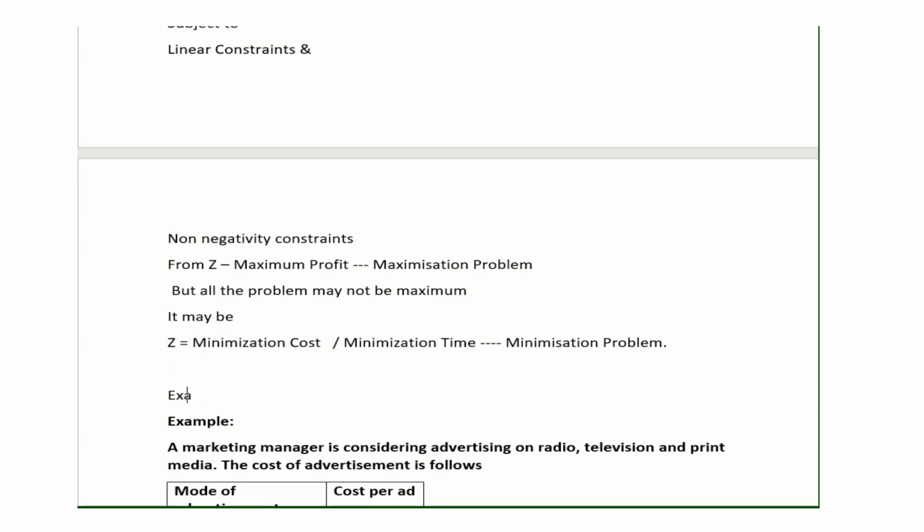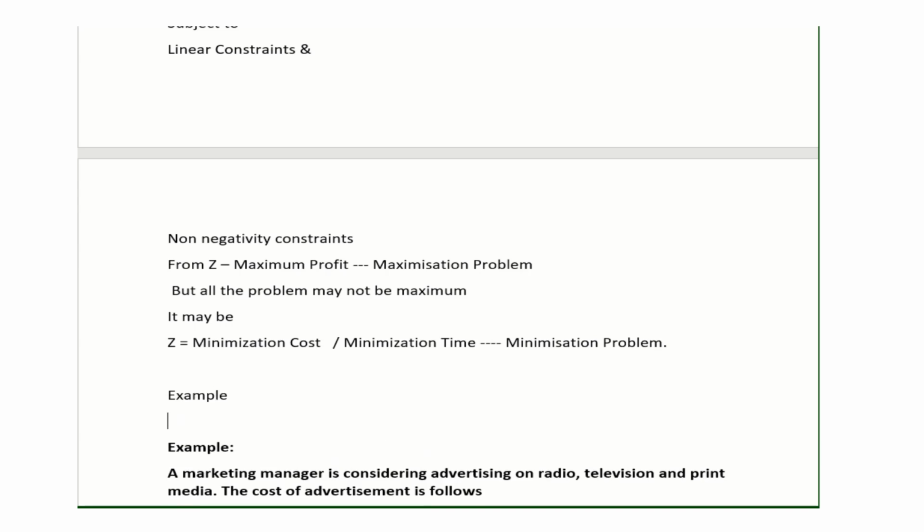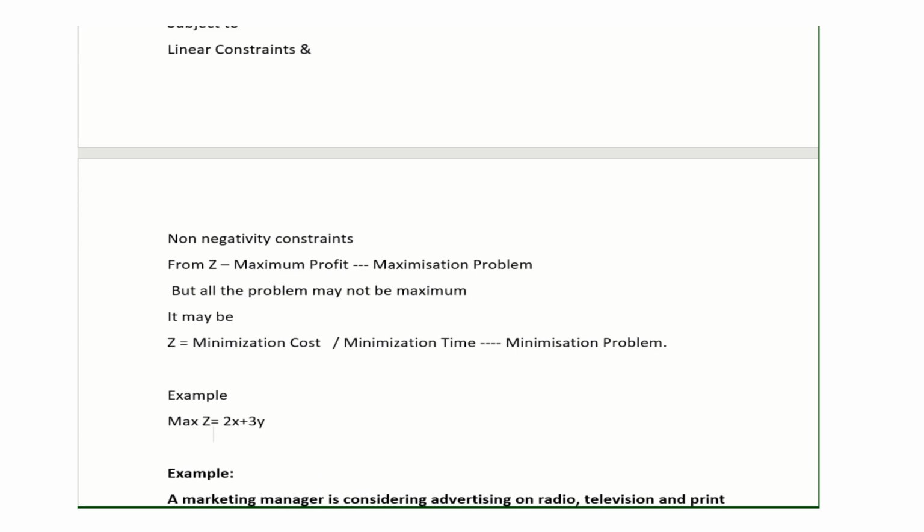So if you face an example LPP problem, they will give something like: maximize Z equal to 2x plus 3y subject to the constraints. Subject to constraints, any problem you take will look like this. Subject to the constraints: 4x plus 5y less than or equal to 5.